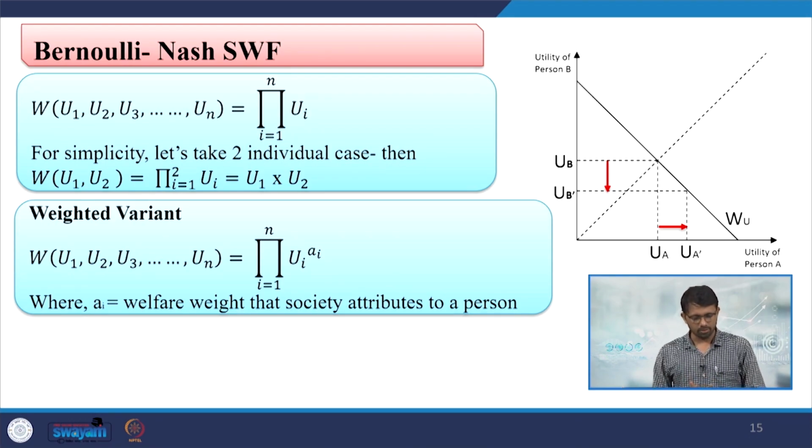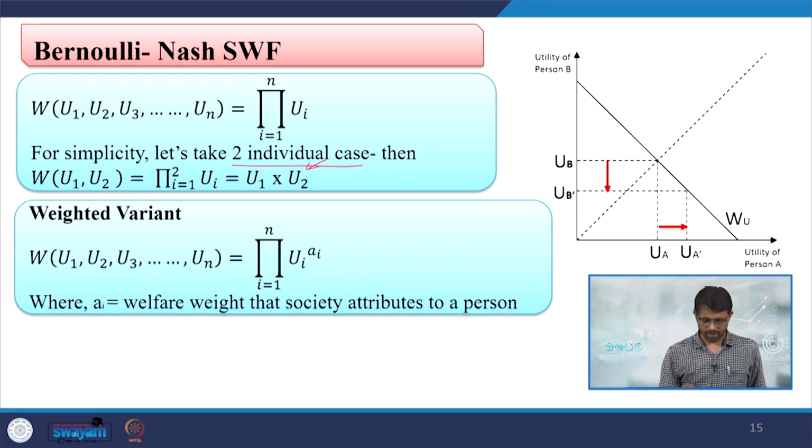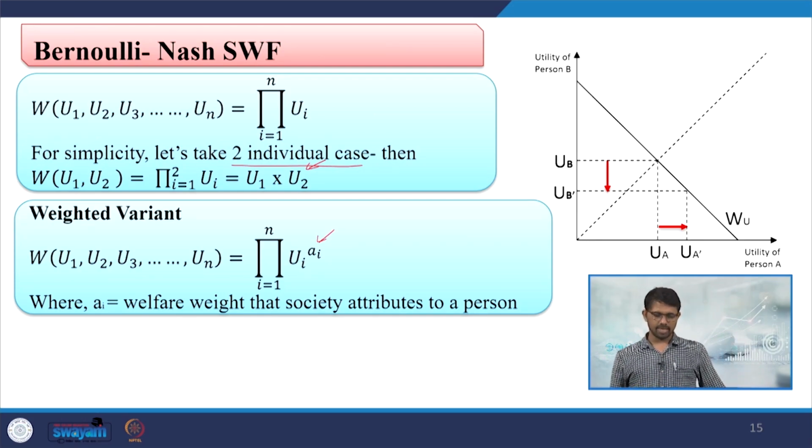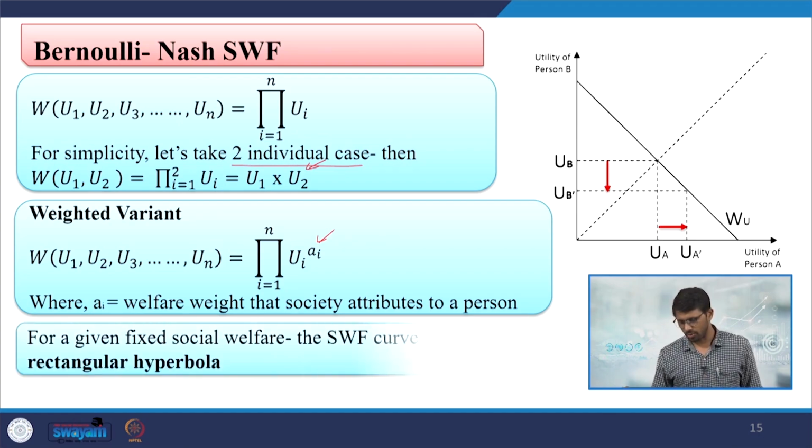Hence, the individual utilities in the two individual case we have presented here are the product of each other. In case of variant weights, then respective weights are also attached, and again in this case a reduction in one's utility will be multiplied with the utility of another one.